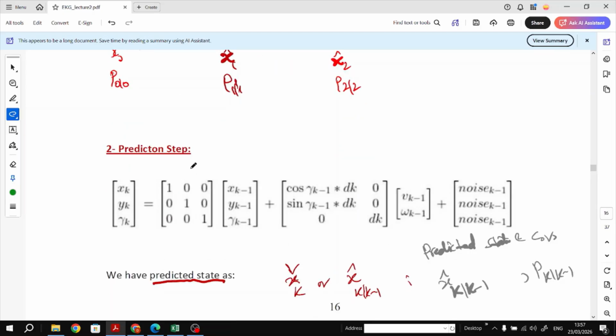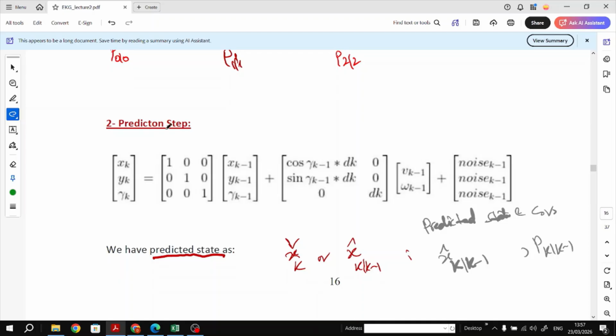So next, after initialization, you go to the second step, which is the state prediction step. You use your Jacobian matrix A calculated at the current state estimate. Also, you use the input Jacobian matrix B and add some process noise.